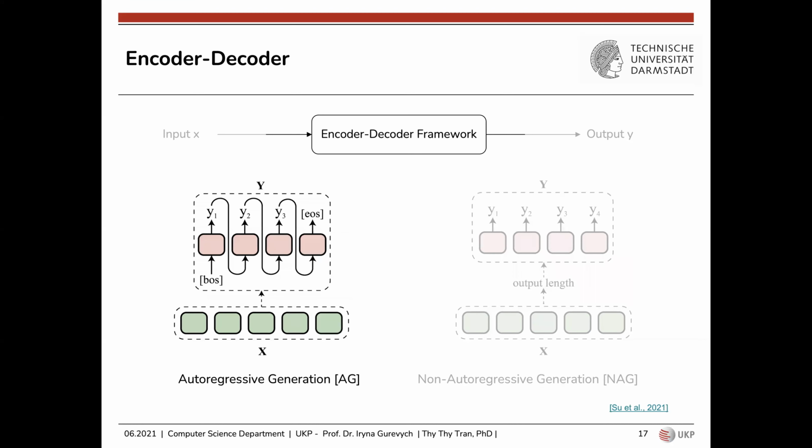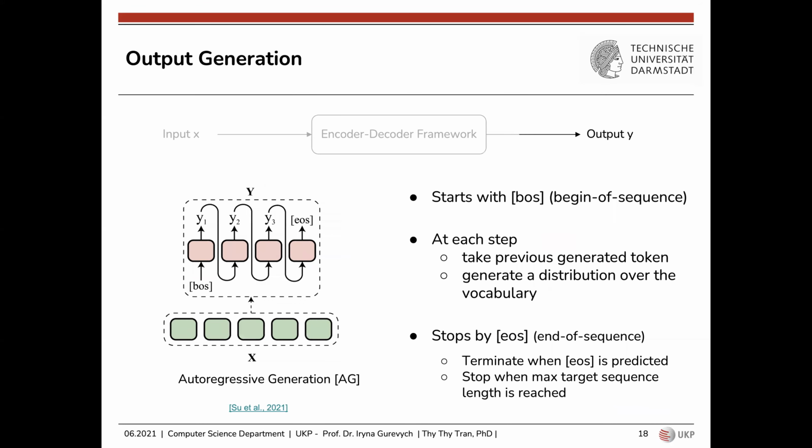So far, I have introduced the two types of generation in conversational AI. We mainly use autoregressive generation approach. Here is the generation process of autoregressive generation approach. We start with a special token BOS, begin of sequence, indicating the start of the sequence.